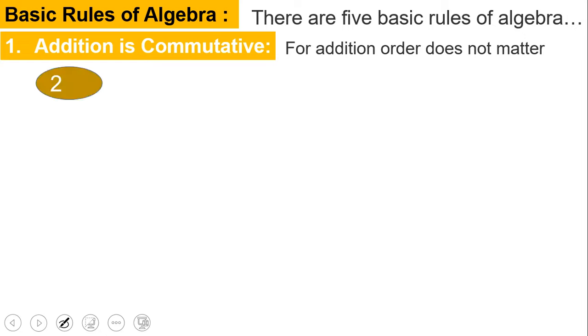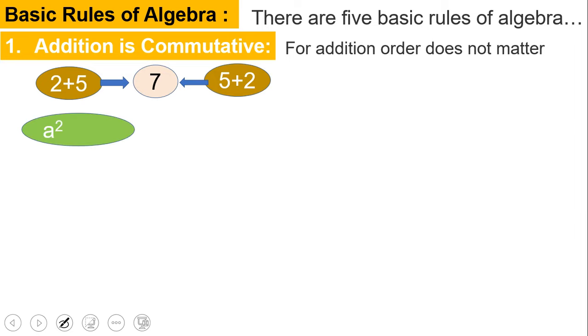For example, 2 plus 5, and changing the order, 5 plus 2. 2 plus 5 is equal to 7, right? And 5 plus 2 is also 7. And therefore the order does not matter.